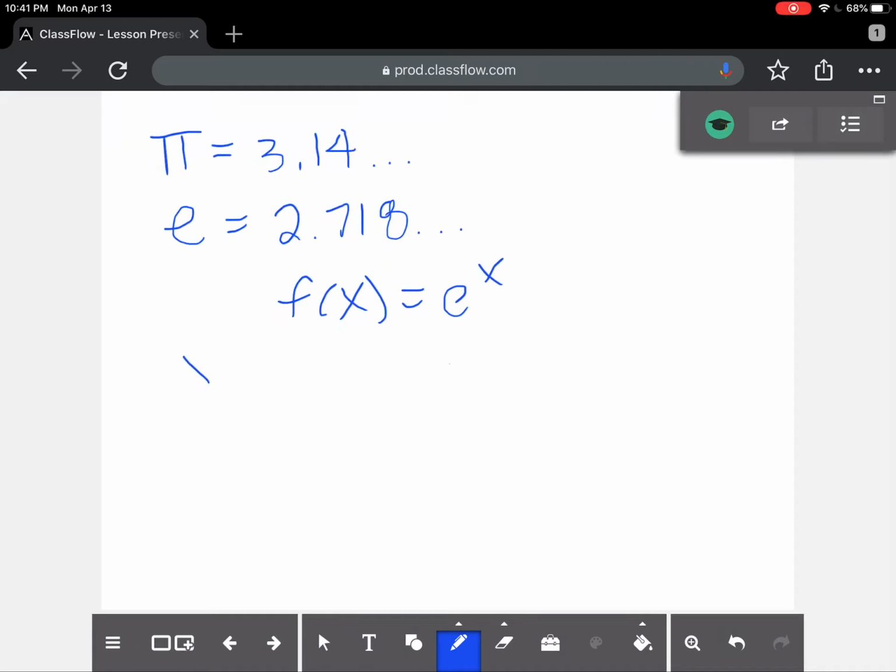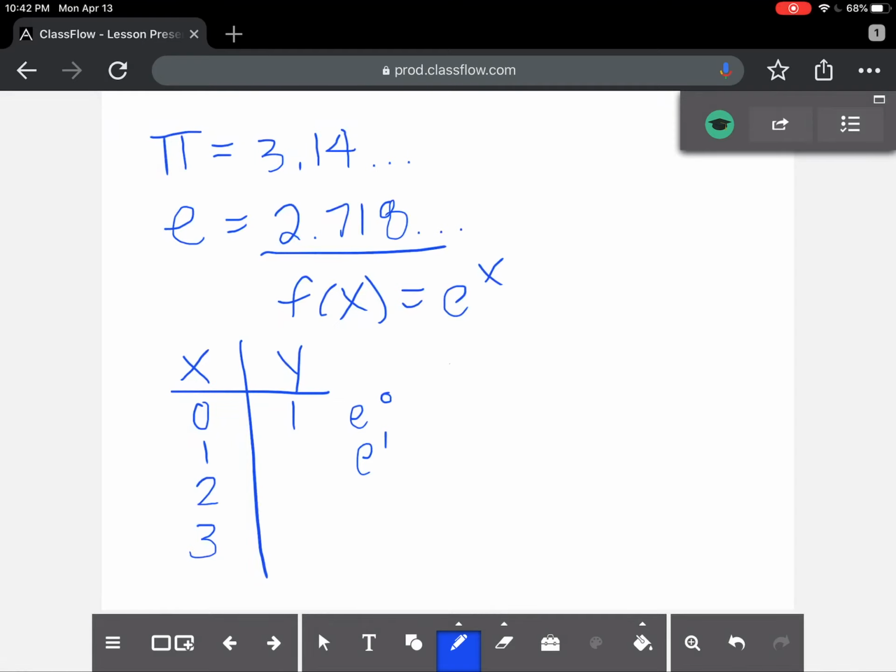To graph that, you would do the same thing as before. Find some x values, plug them into your y. Okay, so e to the 0 power, anything raised to the 0 power is 1. e to the first power, well, we know e is 2.718, so that's 2.718. e to the second power.